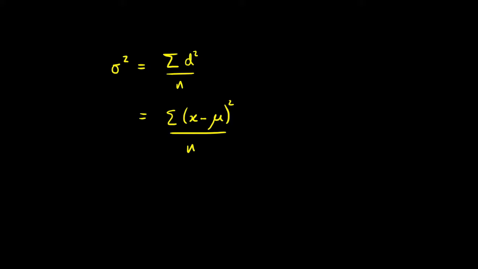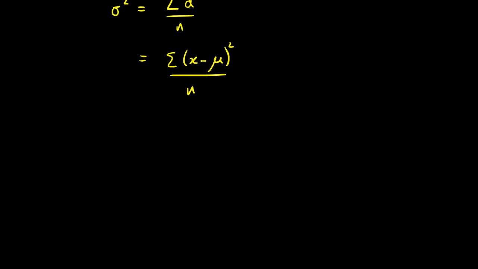So we replace d with x minus the mean. We can then expand that bracket. What we'll get is the summation of x squared minus 2 mu x plus mu squared, and this is all divided through by n.